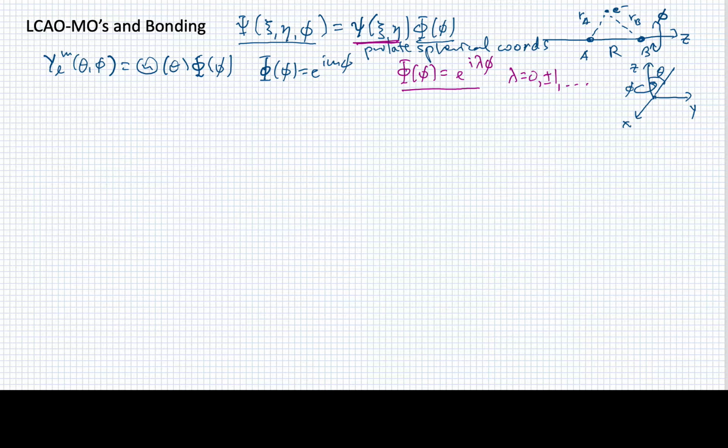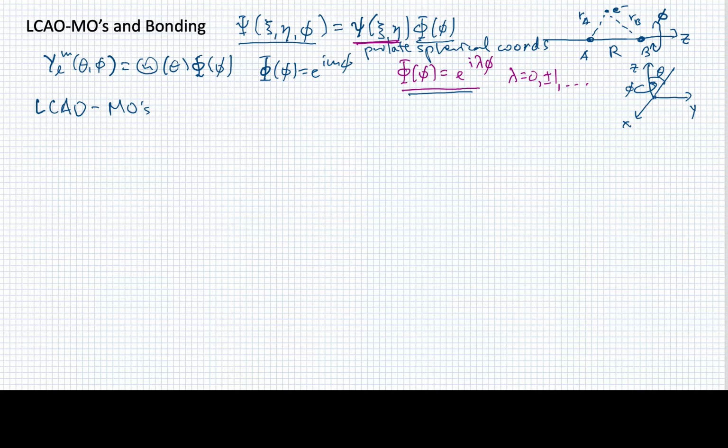Instead, we're going to strictly use linear combinations of atomic orbitals to construct our molecular orbitals. But the one part, as I mentioned, that we're going to care about is this part, because it tells us something about the quality of those functions when we look at rotation about the internuclear axis.